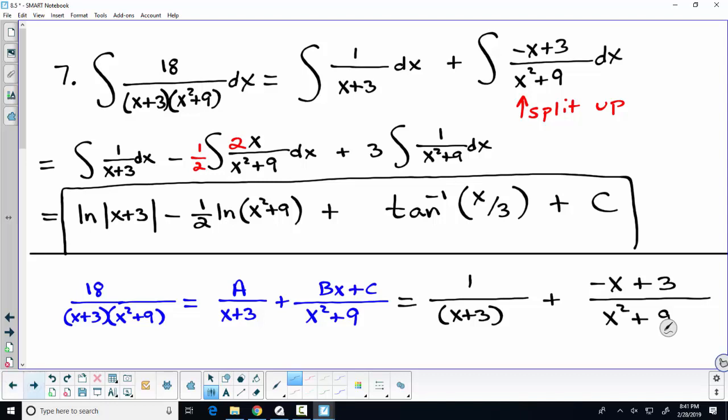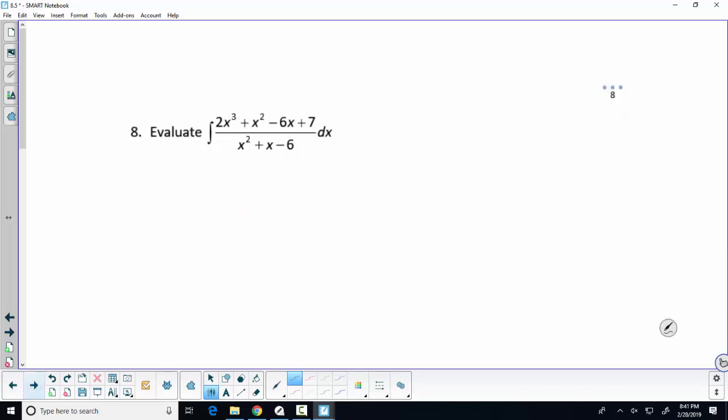So finally, we want to consider when we have an improper fraction. Yeah, so we need to do long division first. And maybe we can talk about this on Tuesday.